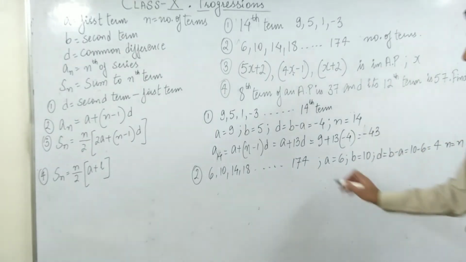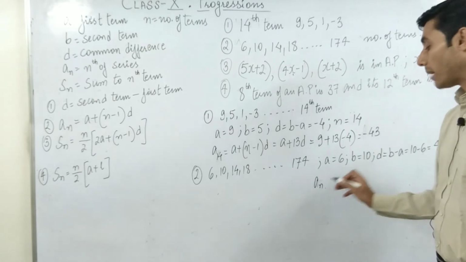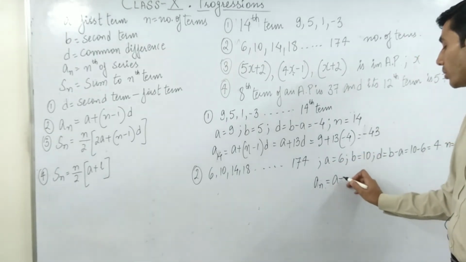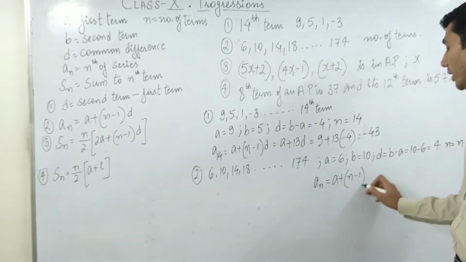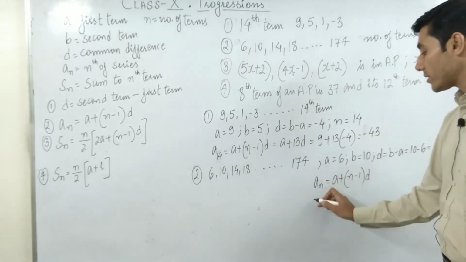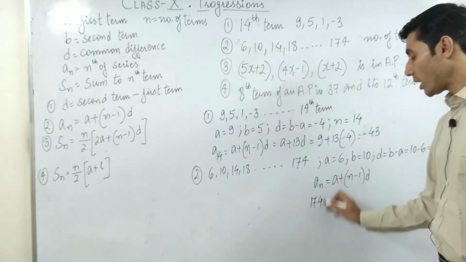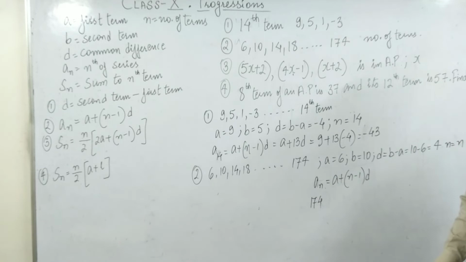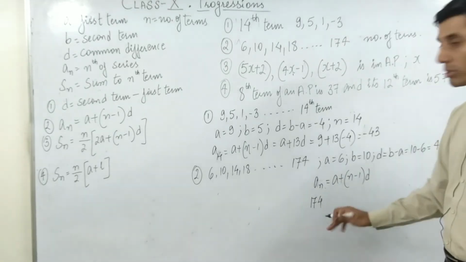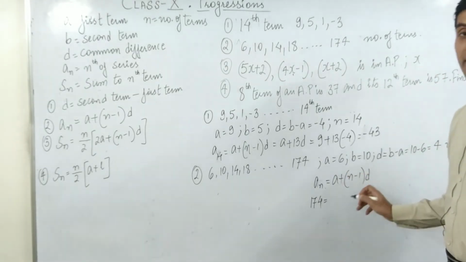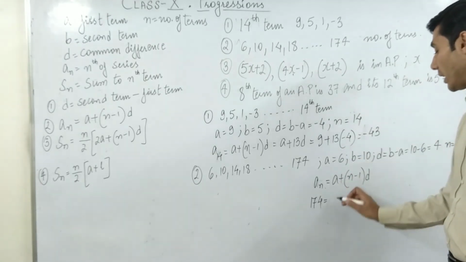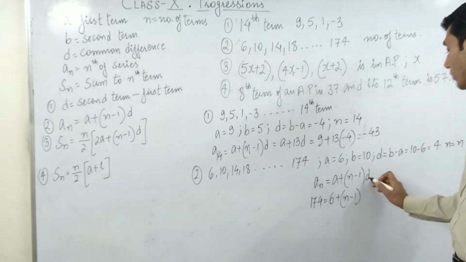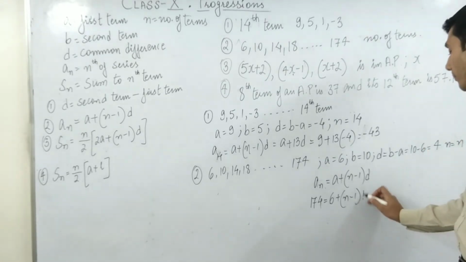Now, let's apply the formula for the nth term. I don't know which term is 174. So an should be equal to a plus n minus 1 into d. an is 174. I don't know which term is 174, but I know that an is 174. So this term is equal to 174 and I need to find out which term it will be. So what is a? a is 6, n is n, minus 1 is minus 1, d should be equal to 4.